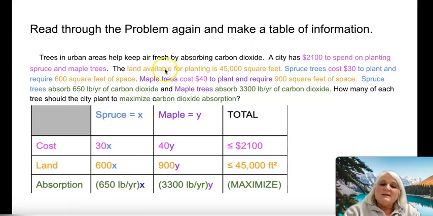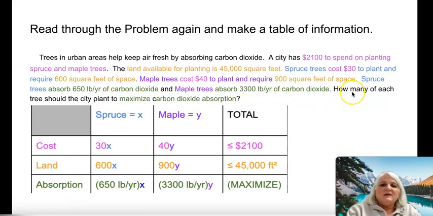So I put this information in a table after I color coded it. The maple trees cost $40 to plant and require 900 square feet of space. Spruce trees absorb 650 pounds per year of carbon dioxide, and maple trees absorb 3,300 pounds per year of carbon dioxide.